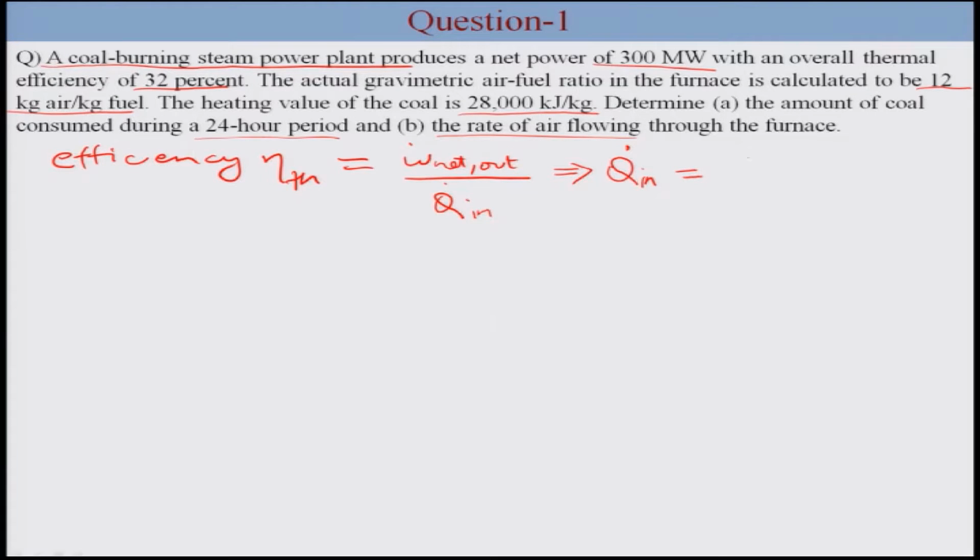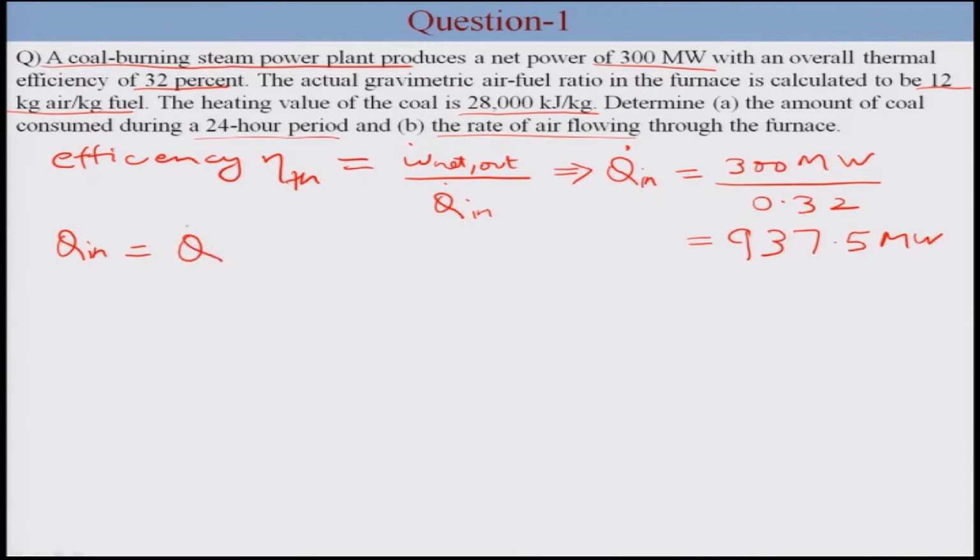This is equal to net work output, which is 300 megawatt, divided by the efficiency, which is 0.32. So the rate of heat input is 937.5 megawatt.